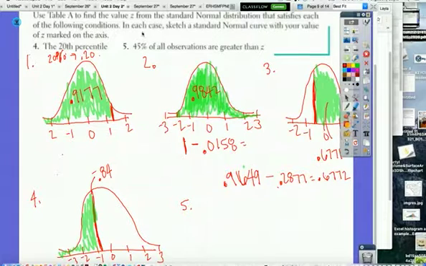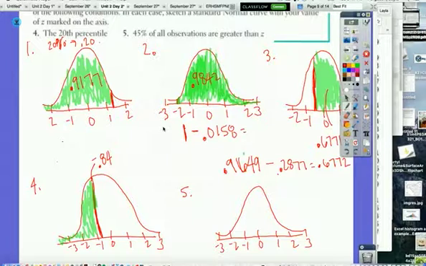On number 5, it says 45% of all observations are greater than z. So we start out with our standard normal. 45% would be 0.45, and we would be looking at all the observations that were greater than that, so basically all of this.